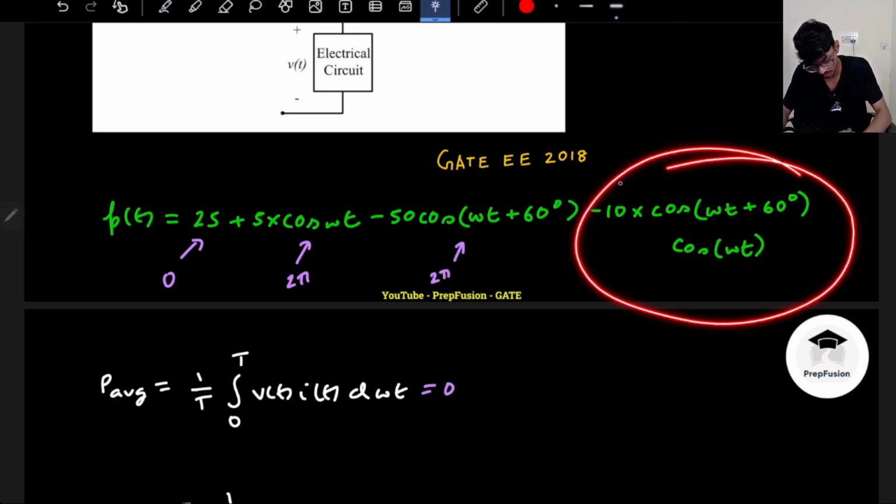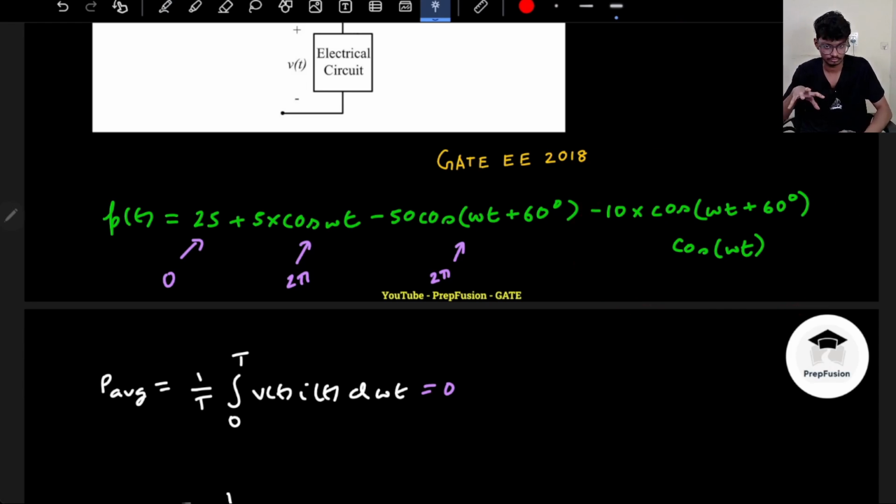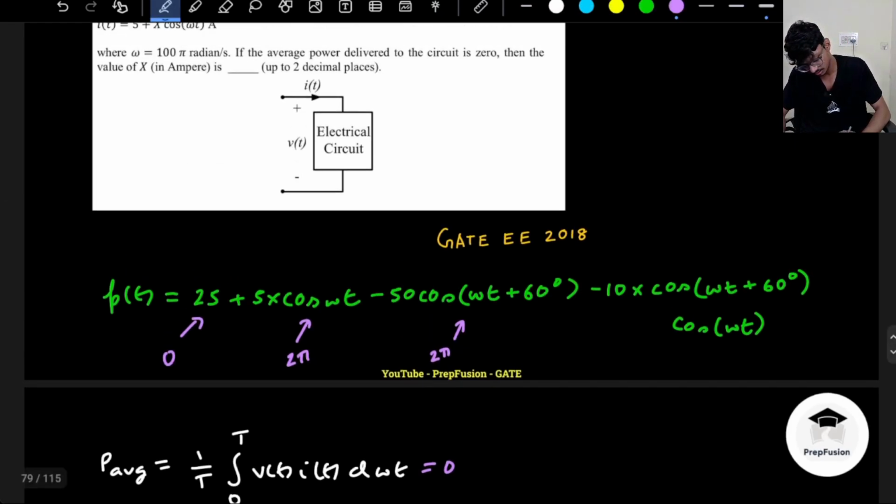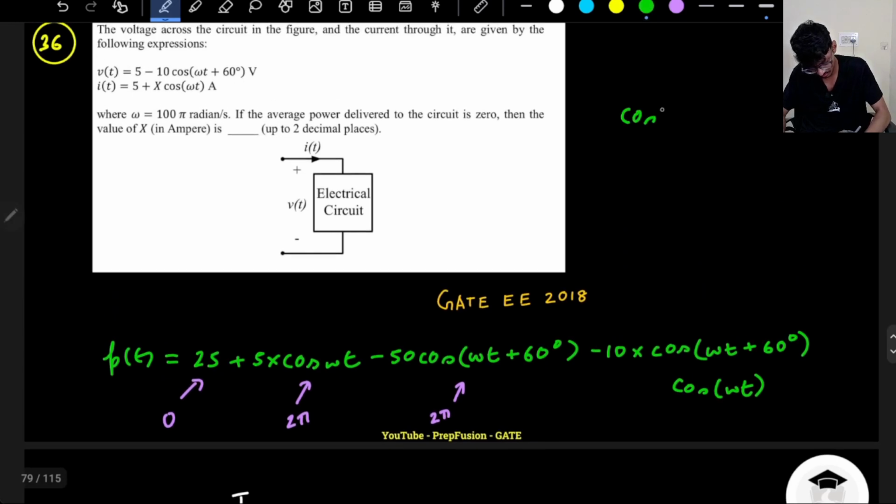What about this one? Cos A cos B. So cos A cos B I can actually break down. If I break down cos A cos B, again I will forget the formula. What is the formula for cos A cos B?